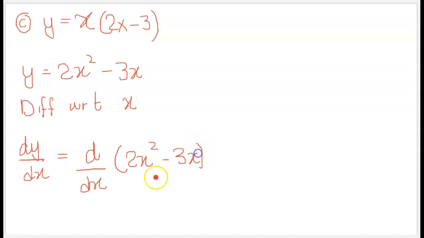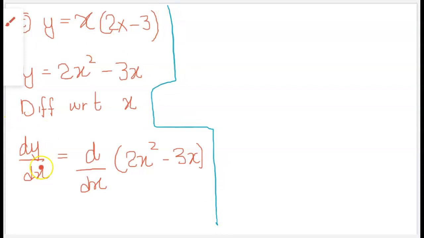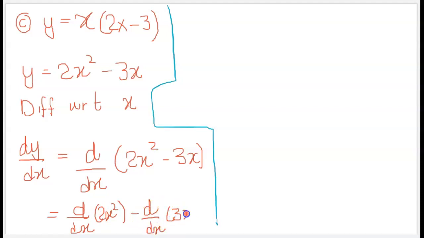Make sure you do all the steps. Do not skip the steps, please. Once we got that, you need to differentiate them separately. So you got d over dx of 2x squared minus d over dx of 3x.